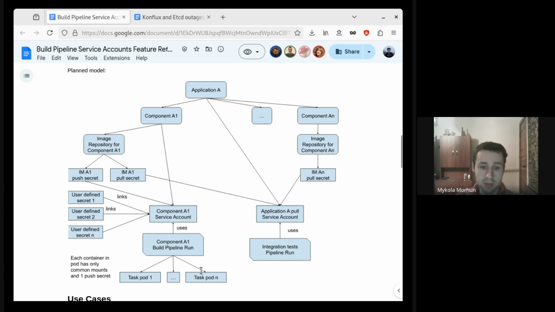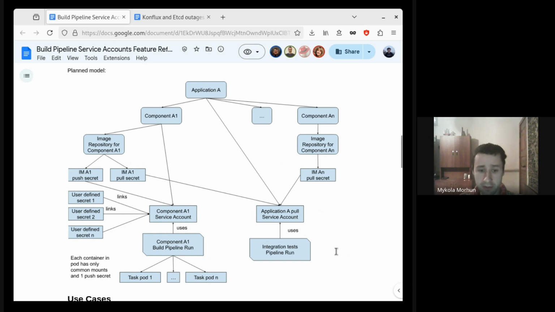That would greatly reduce the consumption of etcd. Plus, to solve the integration tests problem, because this would also break the previous ability of integration tests to run, a maintenance of another service account, but this time per application, would be done, and this service account would be used by integration tests.